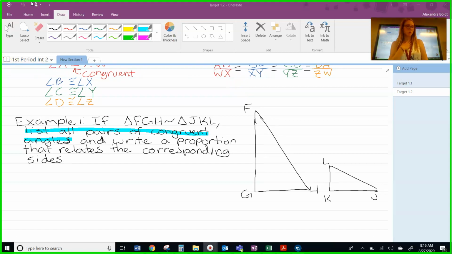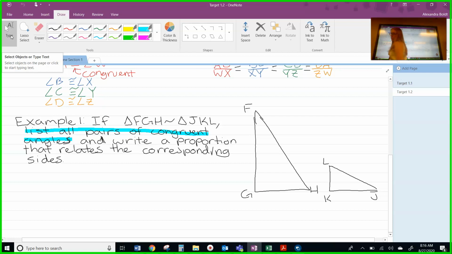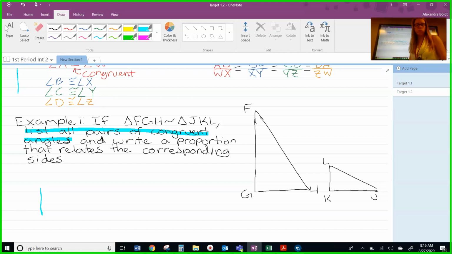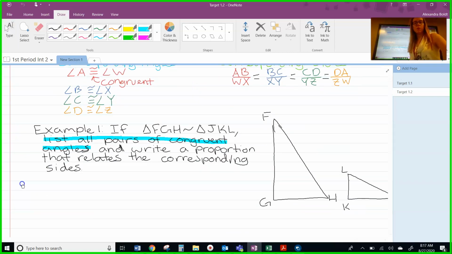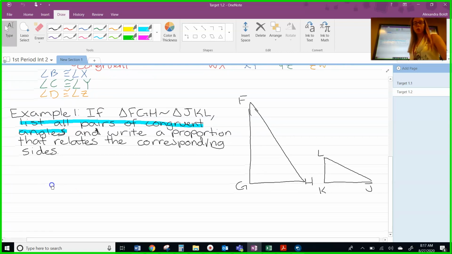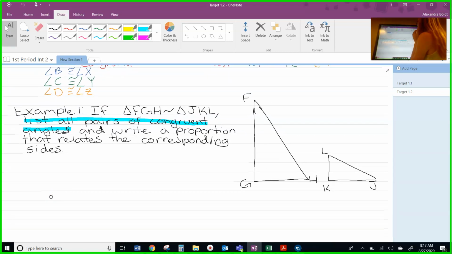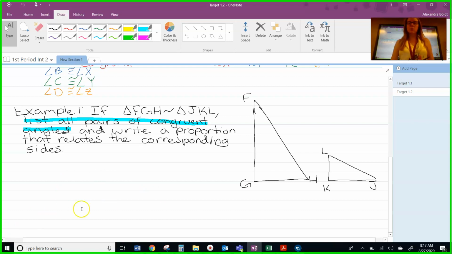Okay, so the first thing we're going to do is list all pairs of congruent angles. Now we have to be careful when our triangles look like this, because as you can see, they don't look similar. They are similar, it tells us that, but you can tell this JKL here has been flipped, rotated. So sometimes you have to be very careful.